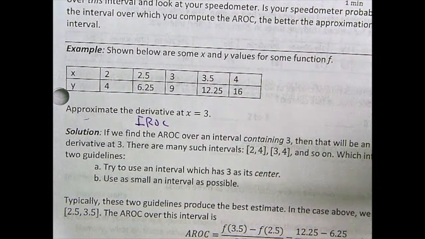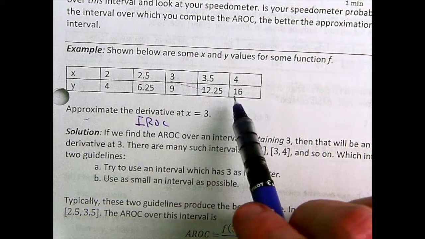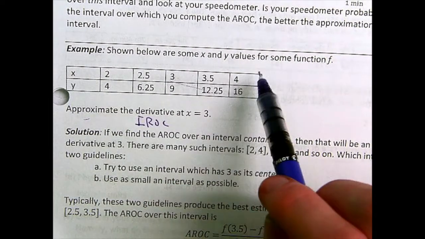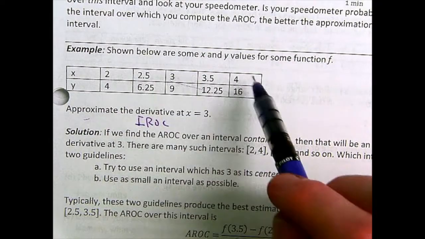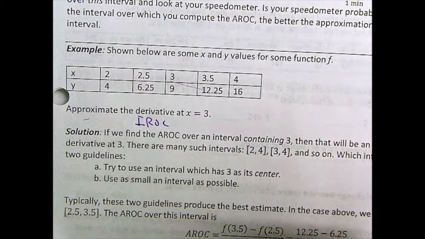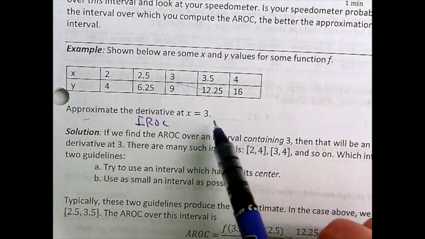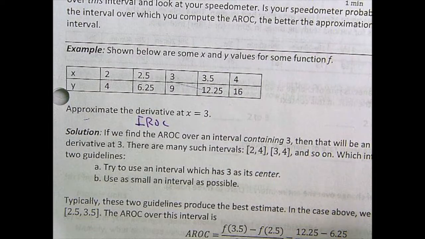The only question is, what interval should you use, right? You could compute the average rate of change over any number of intervals in this table, say from 2 to 4 or from 3 to 4 or whatever. Which interval will give you the best approximation of the instantaneous rate of change, the derivative at x equals 3? Well, two things to consider.